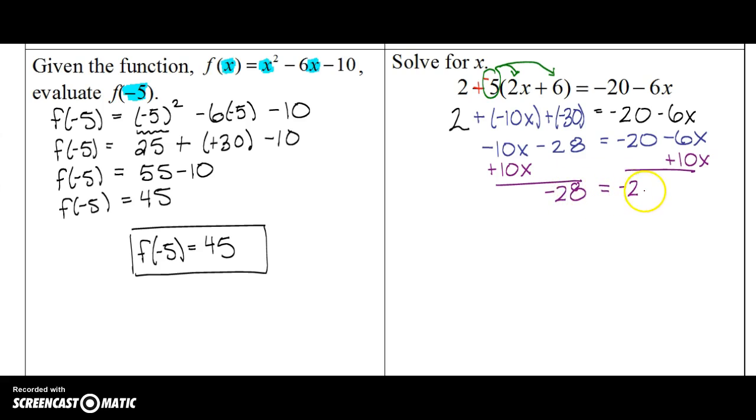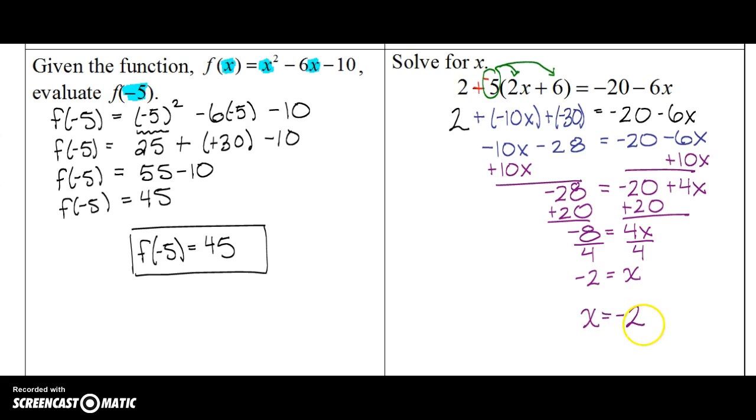You could have easily added 6x to both sides and still got the correct answer. At this point, I'm adding 20 to both sides. -8 equals 4x. After I divide both sides by 4, x equals -2.